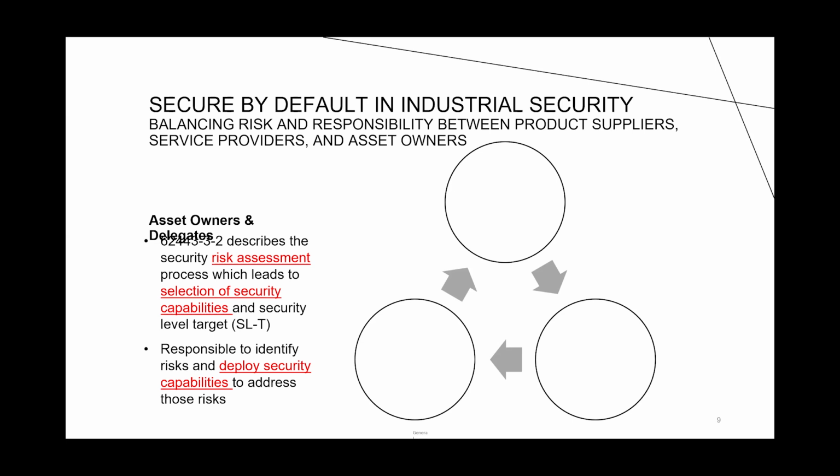That's that SL-T acronym that you see there, the target level of security capability you're looking for. And they need to deploy it. And if the circles were filled with words, it would imply that this is a continuous process, that being aware of risks at one point in time isn't enough. Risks are constantly evolving every single day.